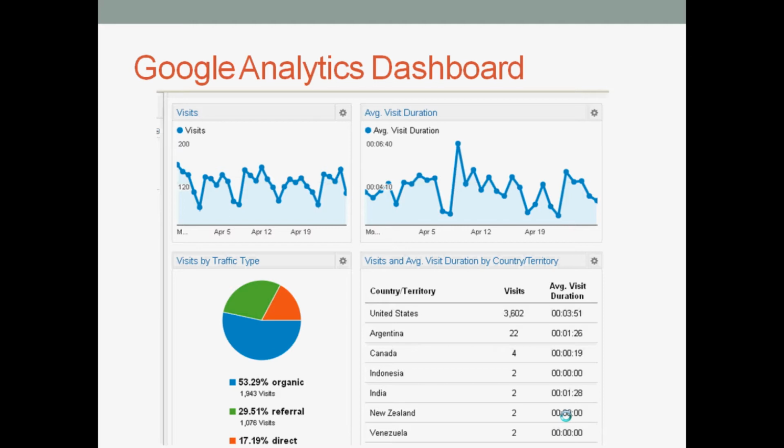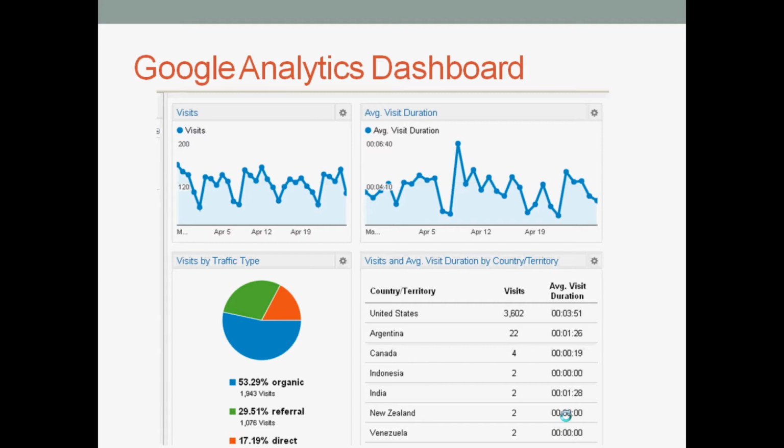And if it's above 50%, it's something we need to work on. By work on, I mean we need to figure out what we can do on the homepage to draw them deeper in, because you can't put everything on the homepage. What can we do with either graphics or text or information that will draw people deeper into the site? So bounce rate is something that Google Analytics will track.